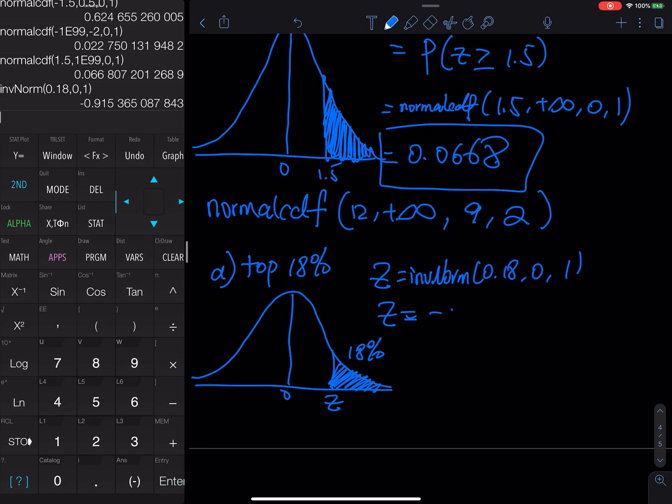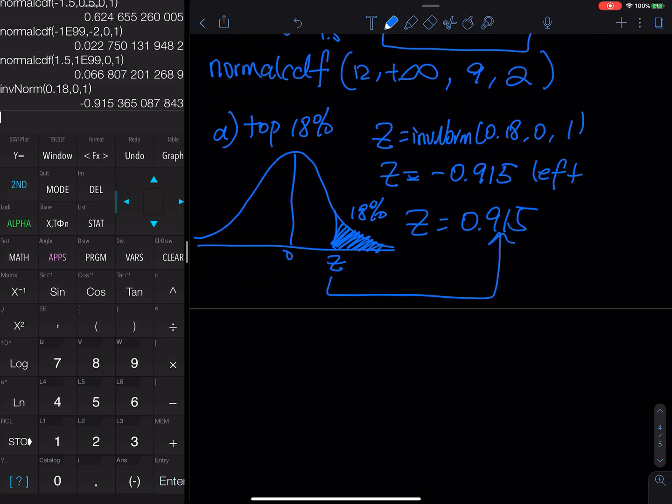That is negative 0.915. Is on the right side, right? So this is on the left. The one on the right is positive 0.915. It's not done. This is only a standardized response time. We have to get the actual response time.